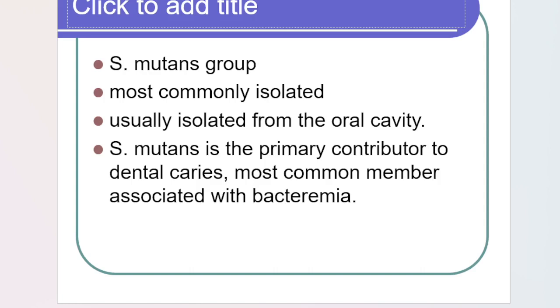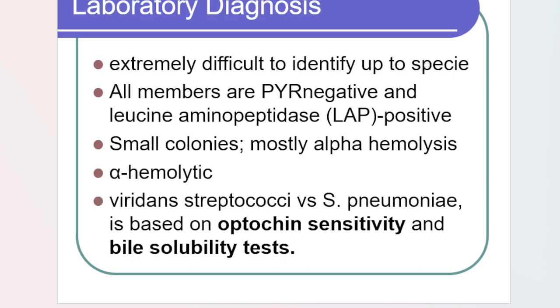Kaya nga, di ba, pag mga oral, yung mga tooth extraction, yung mga tooth surgery, they are given antibiotics to avoid possible infection of the blood, because the viridans or the normal flora found in the oral cavity may gain access to the circulatory system that can lead to sepsis or bacteremia. Okay? So, it's extremely difficult to identify up to the species level.